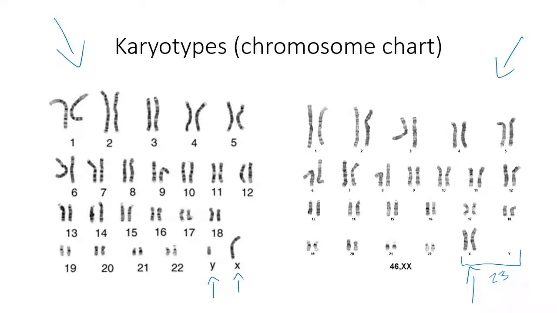Some chromosomes are much longer than other chromosomes. That means they are carrying more genes. If you look here at the sex chromosomes for this male, notice how much longer the X chromosome is than the Y chromosome. Look how short that Y chromosome is.